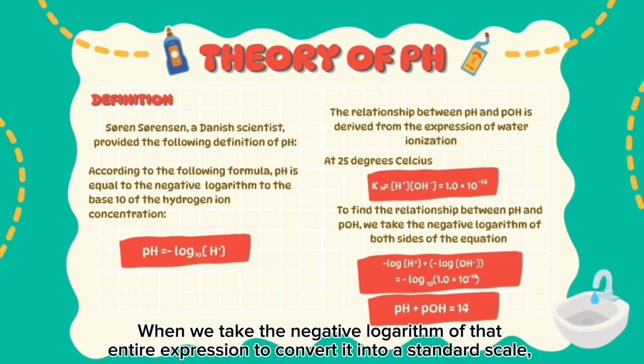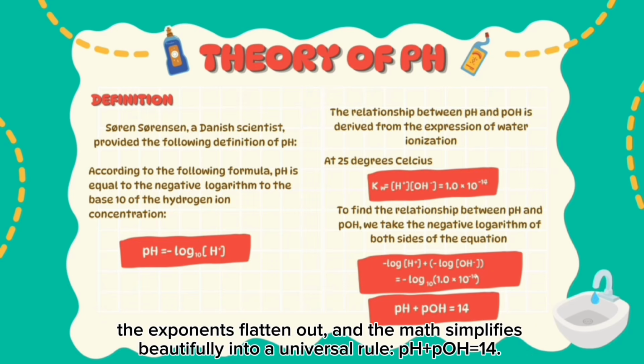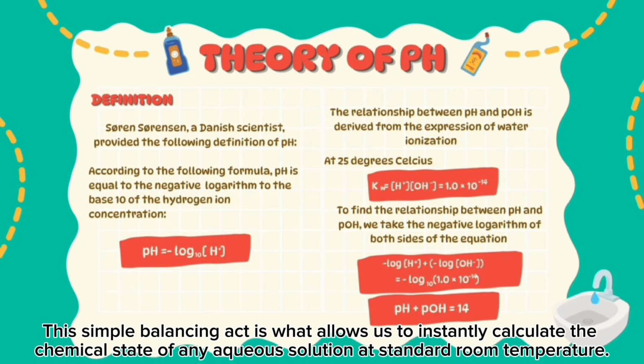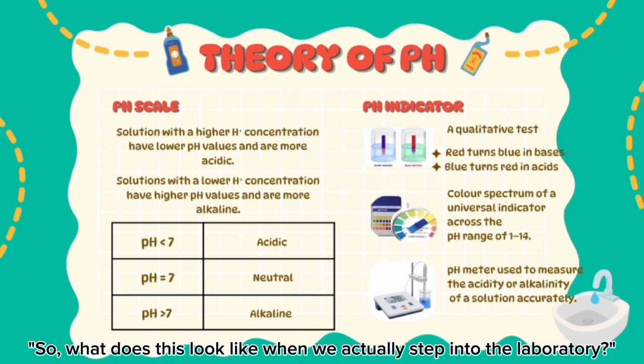When we take the negative logarithm of that entire expression to convert it into a standard scale, the exponents flatten out and the math simplifies beautifully into a universal rule: pH plus pOH equals 14. This simple balancing act is what allows us to instantly calculate the chemical state of any aqueous solution at standard room temperature. So, what does this look like when we actually step into the laboratory?